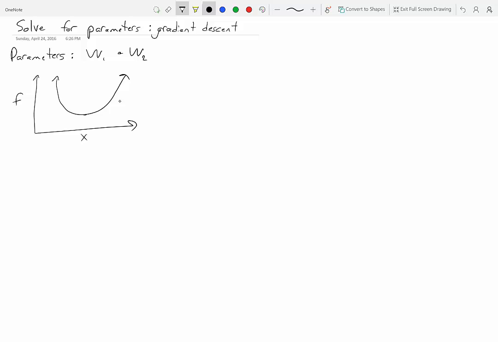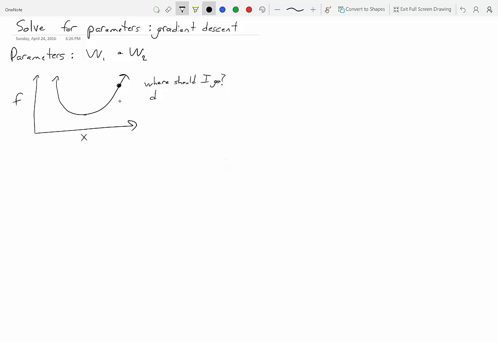But let's say I start somewhere else. Let's say I start right here. Now, the question we want to ask ourselves is, where should I go? You can imagine that this parabola is actually like a valley, and you're somewhere up high on the hill, where this dot is, and you want to know where you should go.